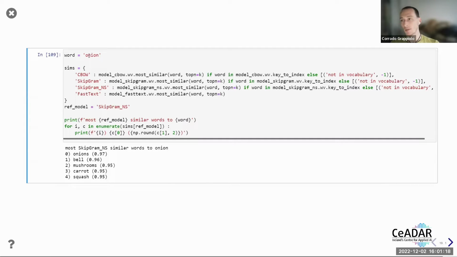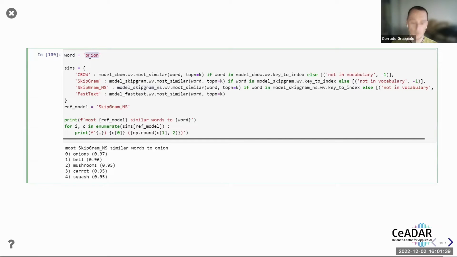Now, there is one thing about word2vec which is very similar to the n-gram approach, which is that the word embeddings relate to the vocabulary. So for all these word2vec models, we have a vocabulary of 5,300 words.